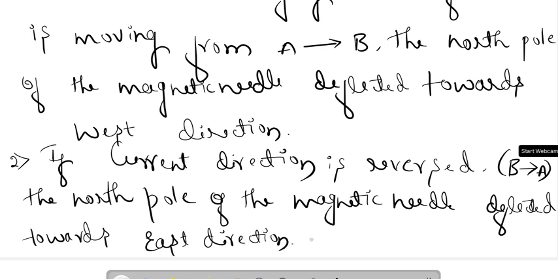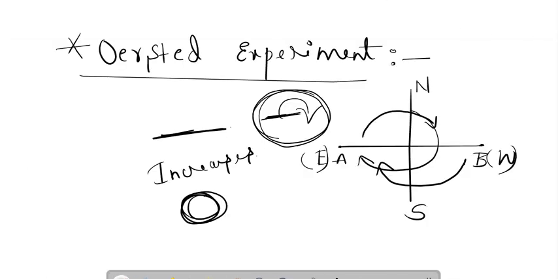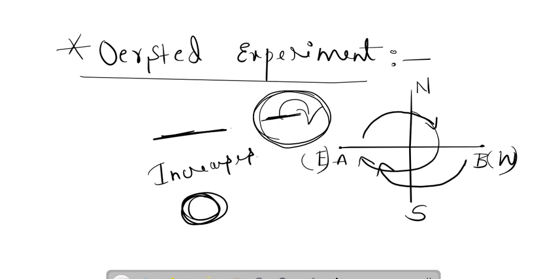So this is the experiment. When that current carrying wire is placed near the magnetic needle, the deflection will increase. So this is all about the Orsted experiment. I hope this concept is clear to you.